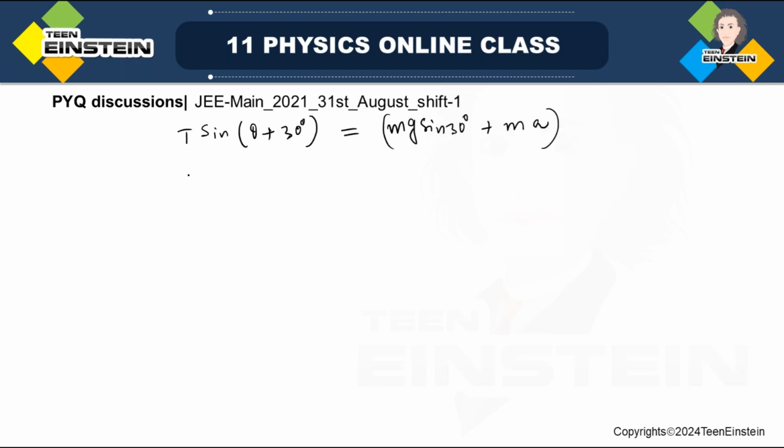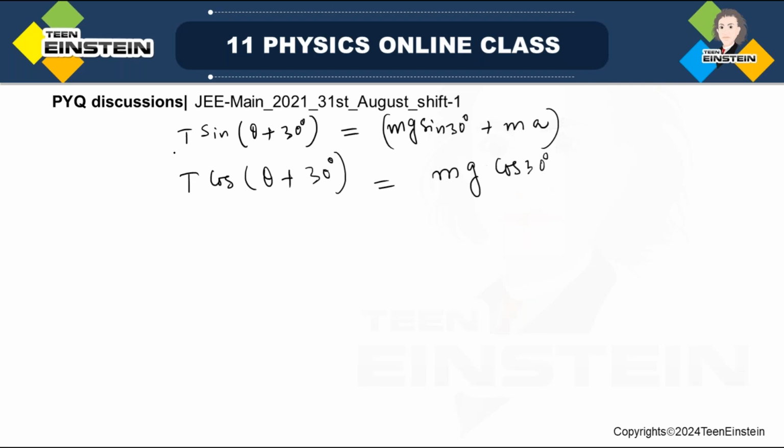Here T cos of theta plus 30 degrees equals mg cos 30.